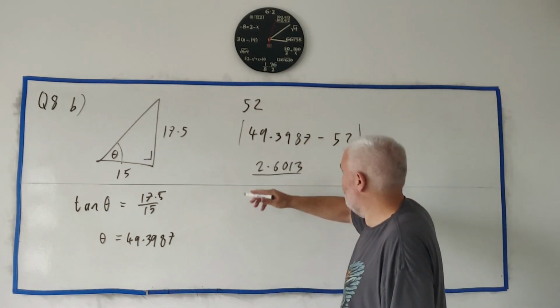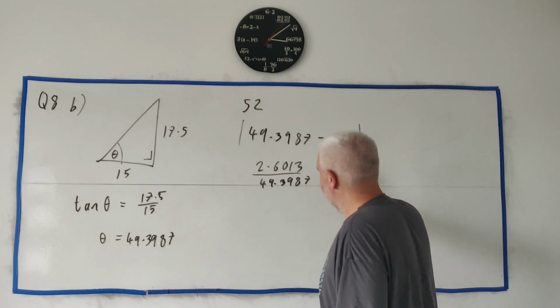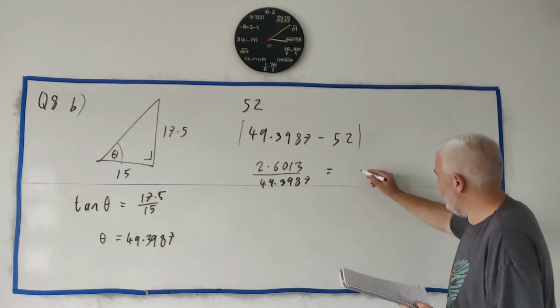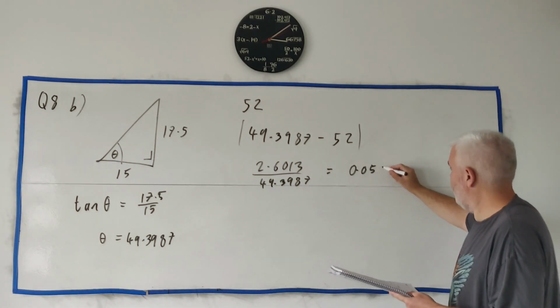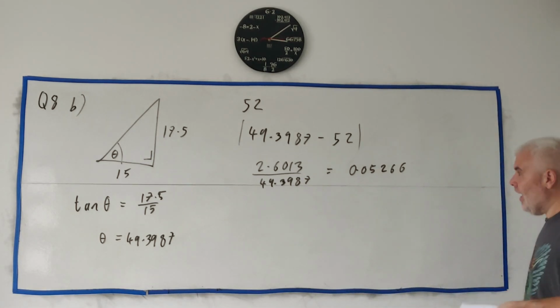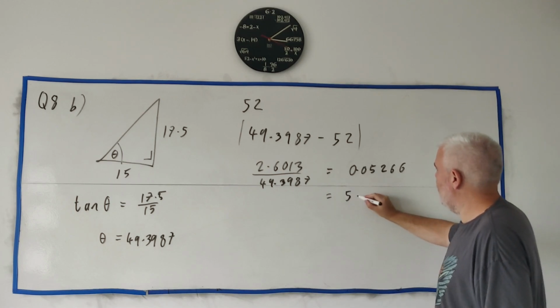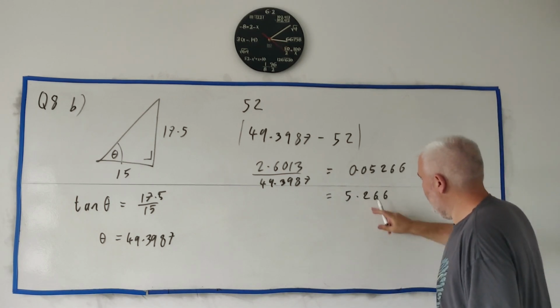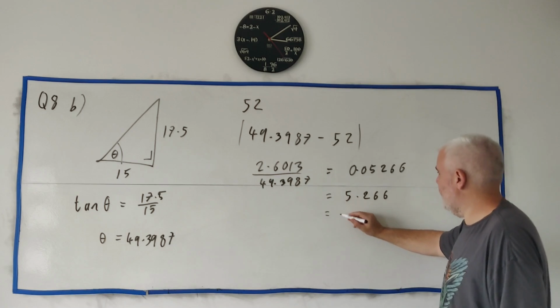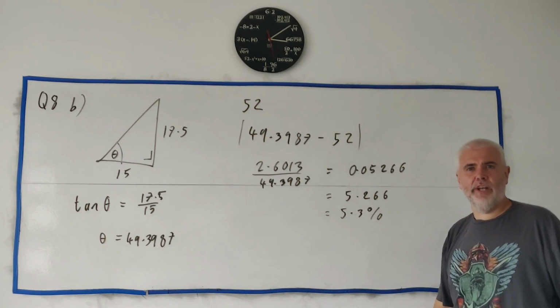So we divide by the real number here, 49.3987. Put that into a calculator and I get 0.05266 or something like that at least. In percentage they want. So need to multiply that by 100. That's 5.266. And 1 decimal place is 5.3%. At least that's what I got.